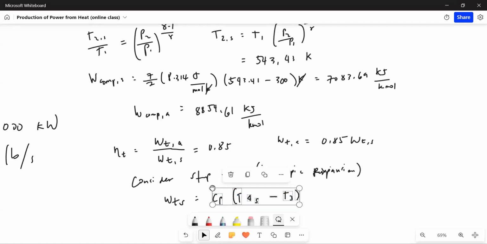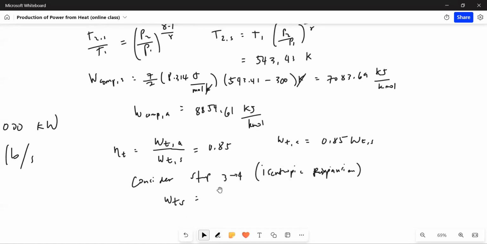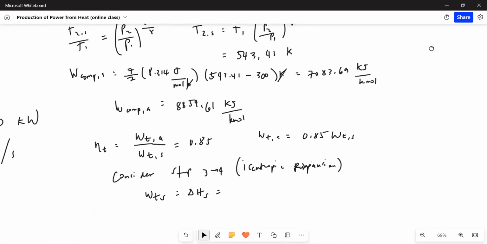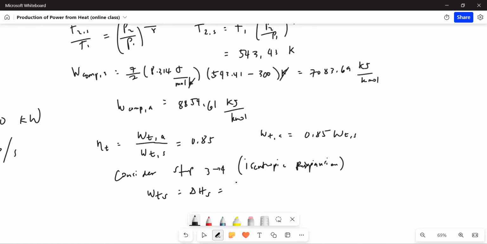First energy balance, work equal to delta H isentropic, and then because it's an isobaric process and we assume ideal conditions, this is equal to Cp times T4s minus T3.